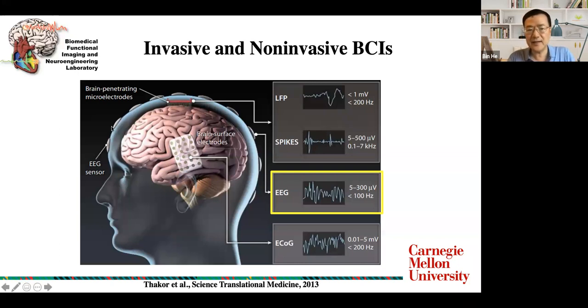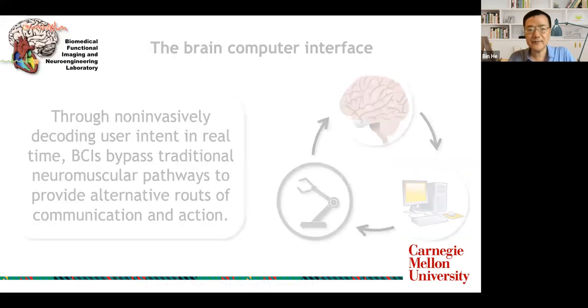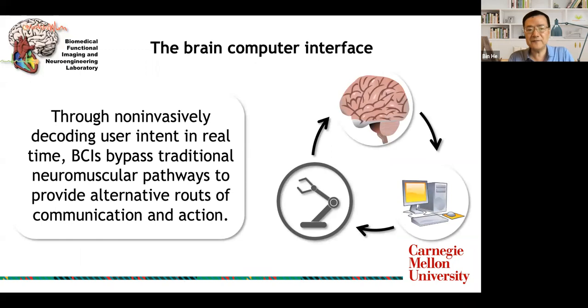Alternatively, you can put electrodes over the scalp using non-invasive sensors to record EEG. That will be non-invasive BCI. If we focus on non-invasive BCI, through decoding user intent in real time, BCIs bypass the traditional neuromuscular pathway to provide alternative routes of communication and action.